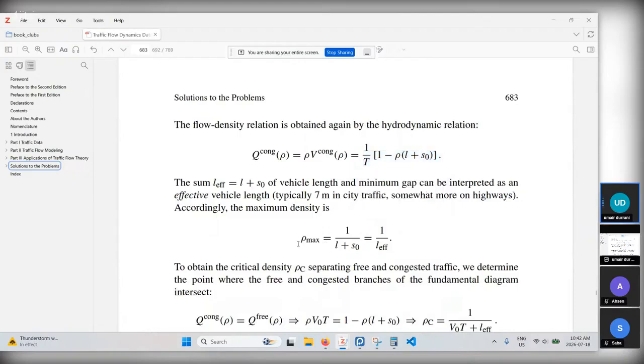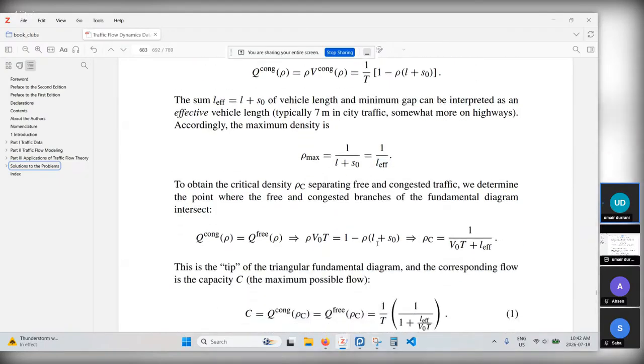The maximum density is going to be wherever the distance gap is the smallest, which is S naught. So 1 divided by L plus S naught, which we also call L effective. And then the critical density is that density where the flow is the highest. After that, the congestion starts.